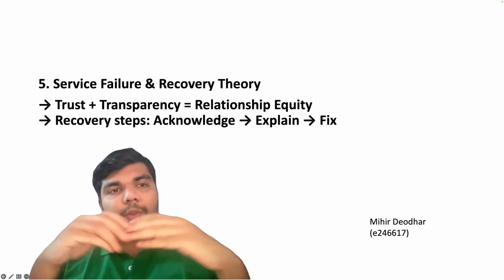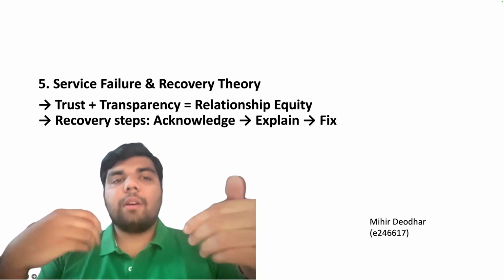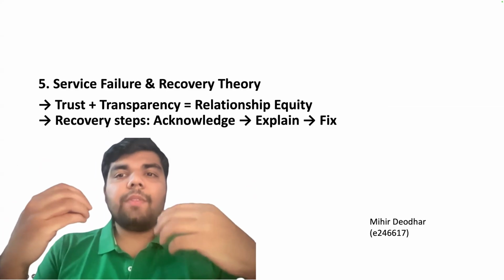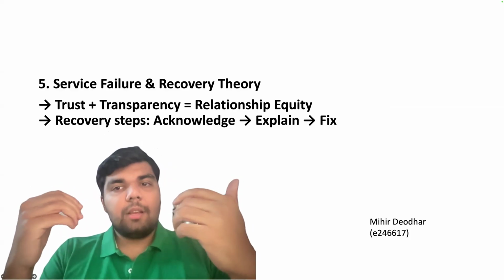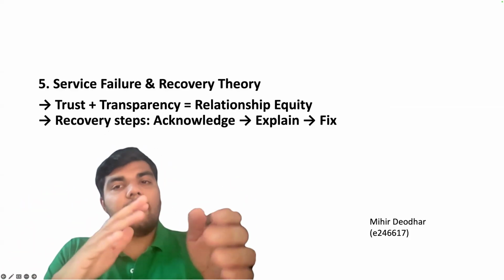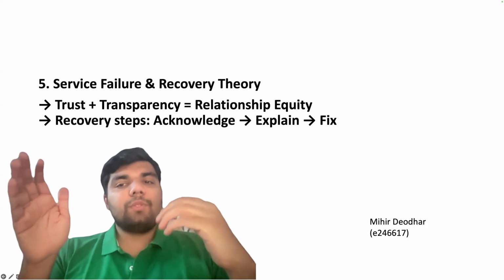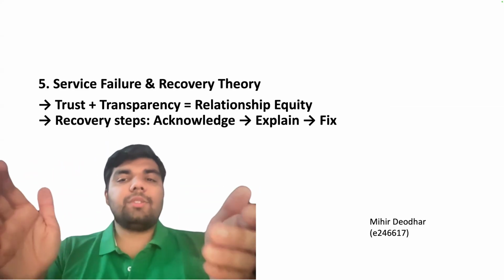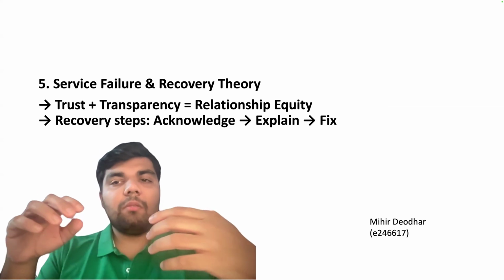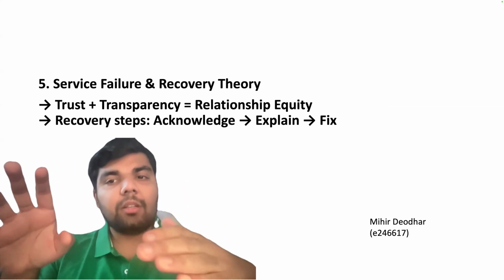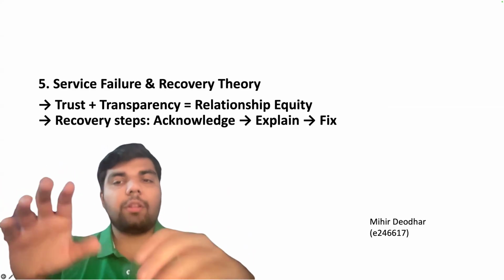The next concept which I would like to look at is service failure and recovery theory. CVM highlights that relationship equity depends heavily on trust and responsiveness, especially in high involvement categories. The case in hand shows that companies that responded slowly, defensively, or vaguely damaged their relationship equity further.